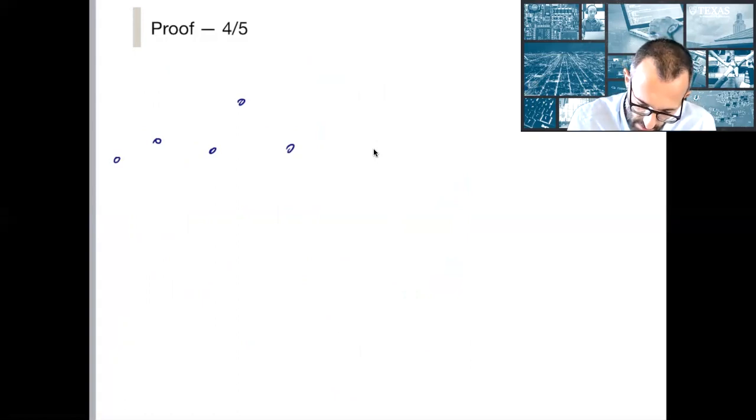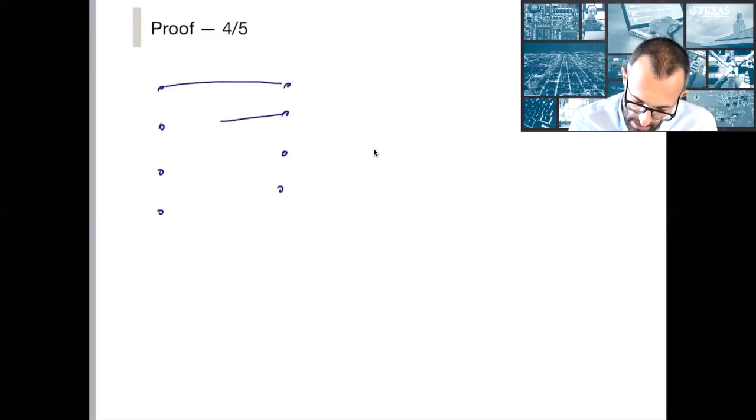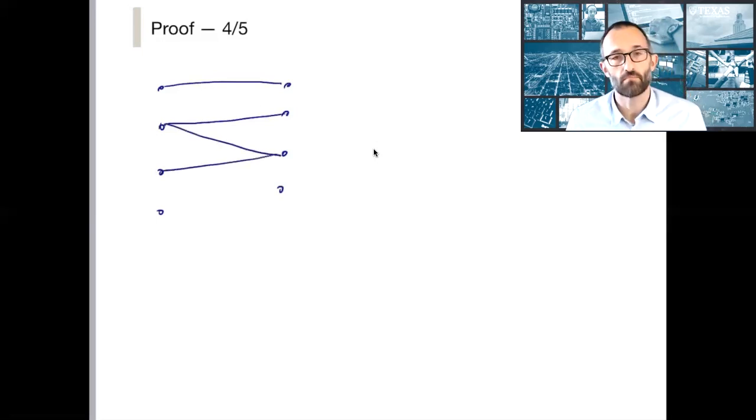So if x does not have a cycle, it means that it contains some single edges maybe, and it possibly contains some paths, something like that. But we note that there are actually two possibilities here. It could either, so we know it has no cycle, so it's a collection of paths.